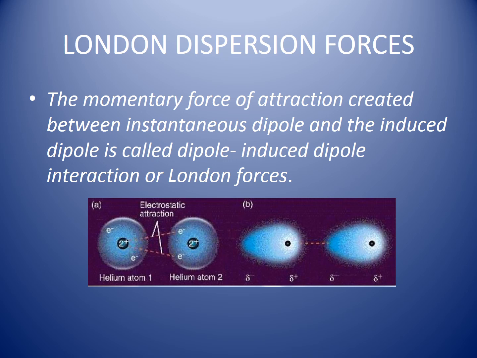This is a very temporary dipole created, or the dipole is formed only for a very short while. Any other nearby molecule which is not an induced dipole, when it comes close to the induced polar atom, it gets polar and the previous polar atom becomes normal.